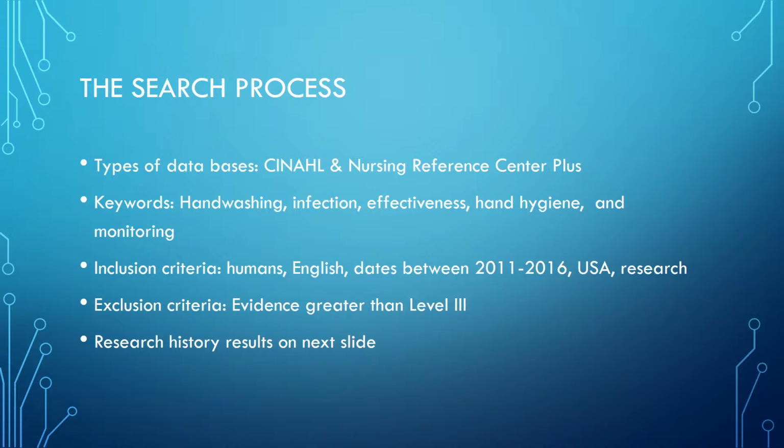Some of the inclusion criteria are humans, English, research, USA, and included the dates between 2011 and 2016. The exclusion criteria was that I excluded evidence greater than level 3. And as you will see on the next slide, my research history results.